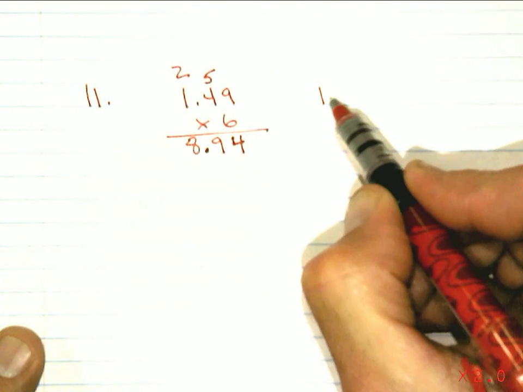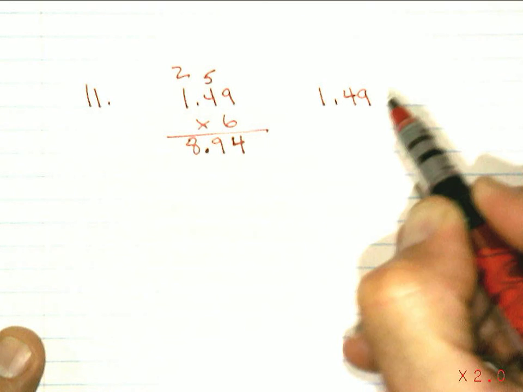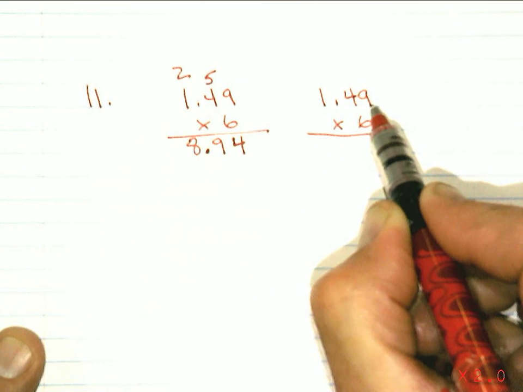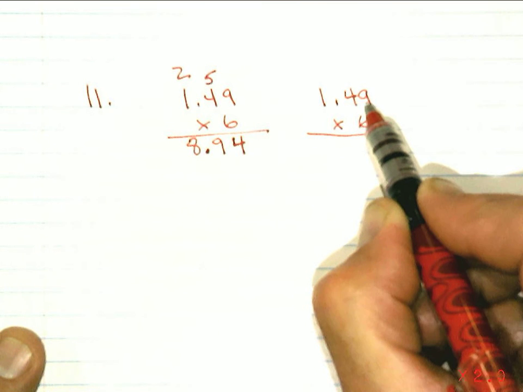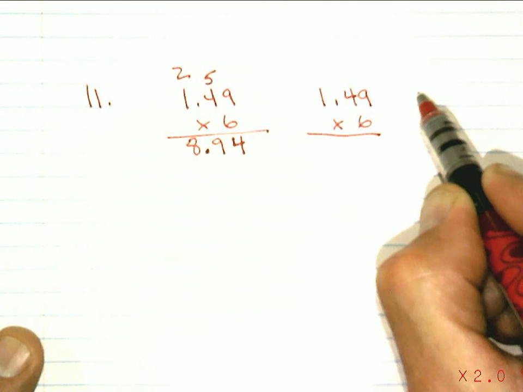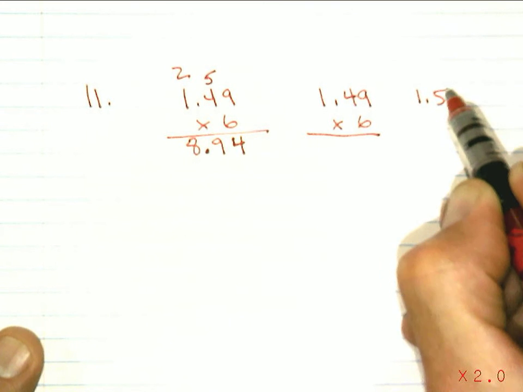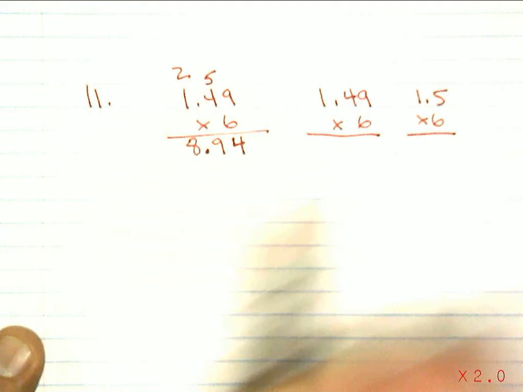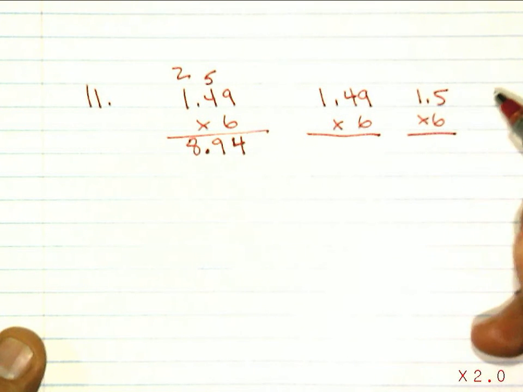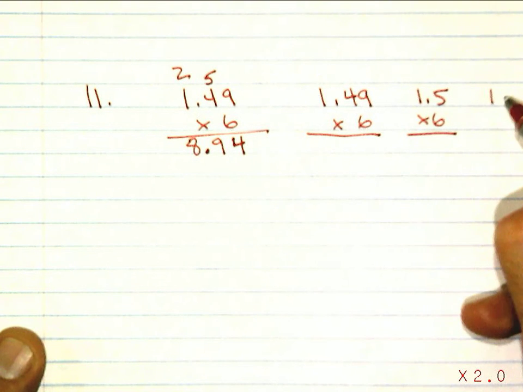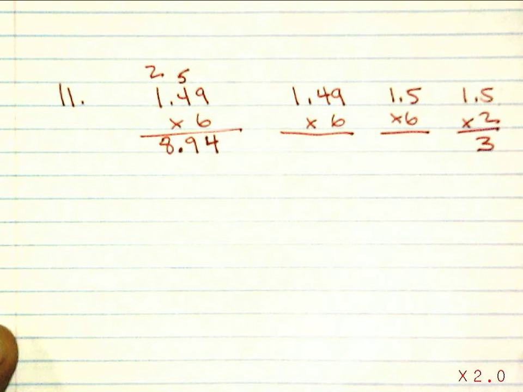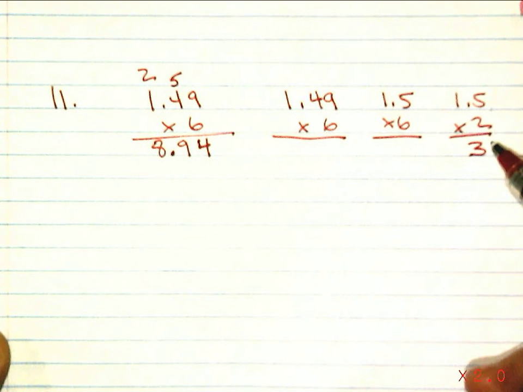Now, that's not the way I would have done the problem myself, because when I look at this problem and I see 1.49, that's really close to 1.5. So I would actually think of this problem as 1.5 times 6 in my head, or 6 1.5s. And I know that 1.5 times 2 is 3.